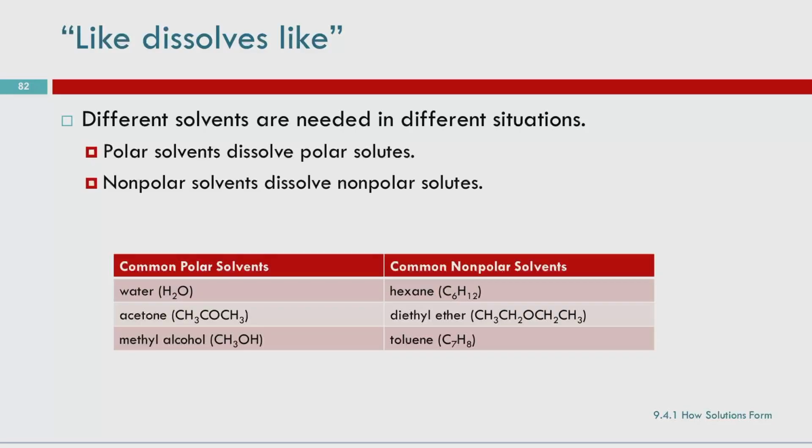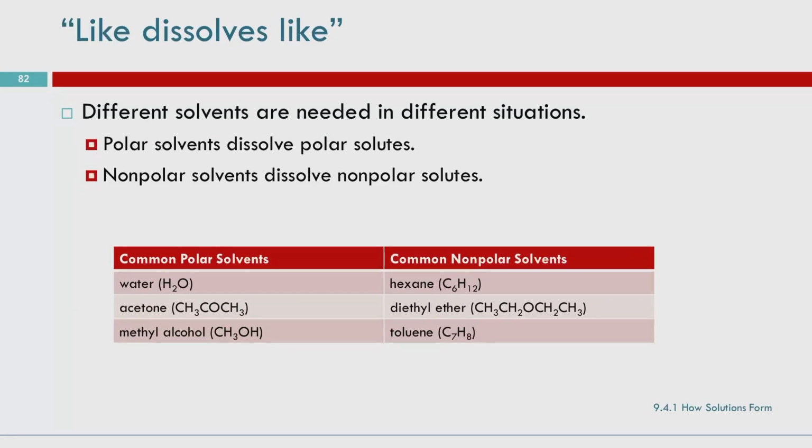Some common polar solvents include water and acetone and methyl or ethyl alcohol. Methyl alcohol is often called wood grain alcohol. Ethyl alcohol is often called a good time. And our common nonpolar solvents include things like hexane, ether, and toluene. I would say the most important ones that you should know is that water is a polar solvent, and you could maybe recognize that hexane is a nonpolar solvent.